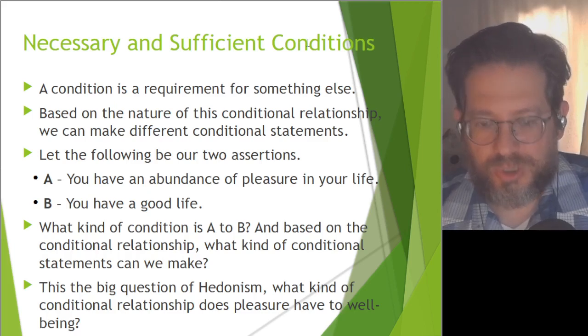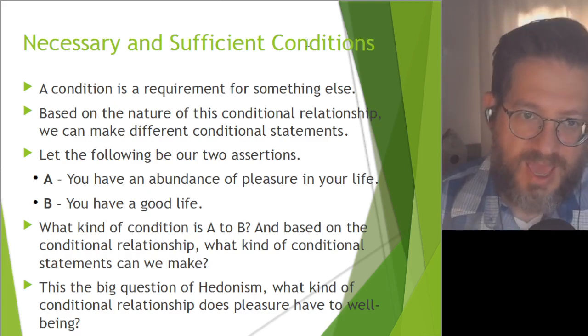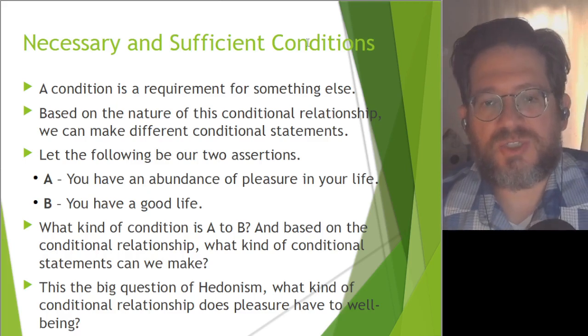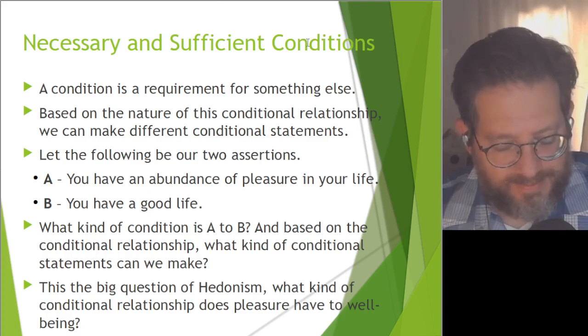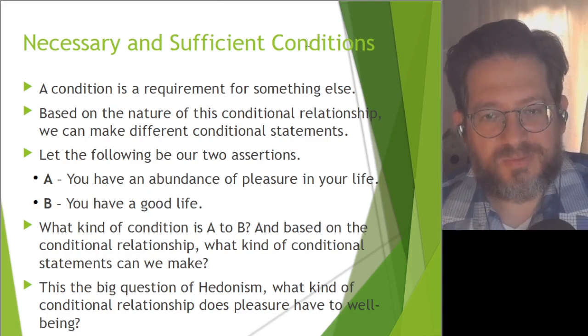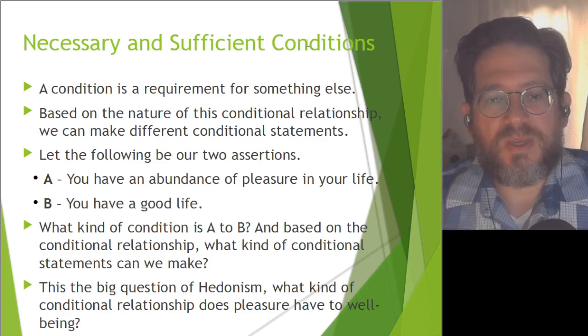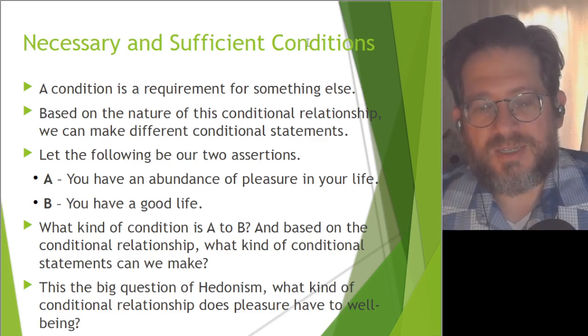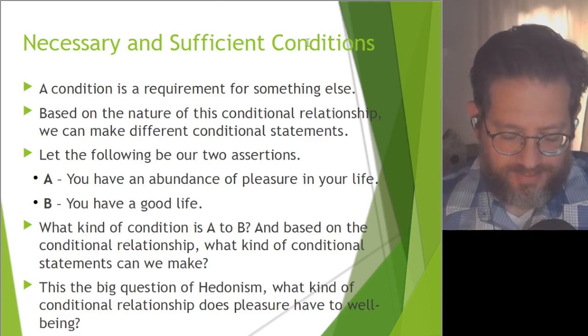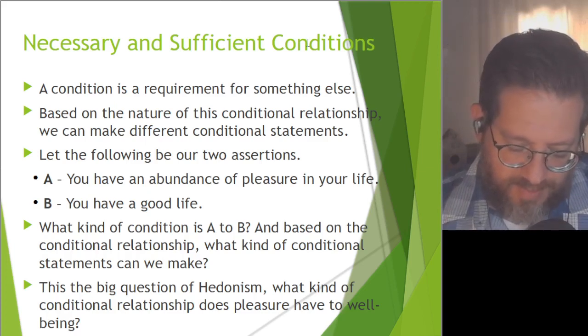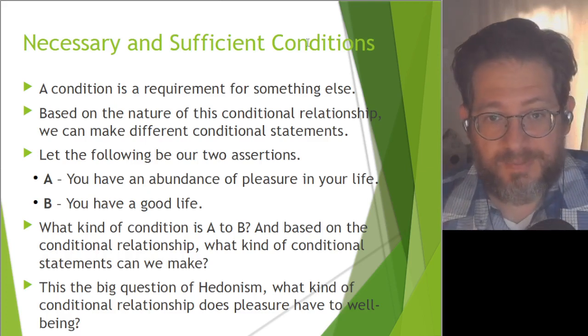We have two assertions. Assertion A is you have an abundance of pleasure in your life. That's awesome. I'm happy for you. Assertion B is you have a good life. Maybe that's better, I don't know, maybe that's the same.